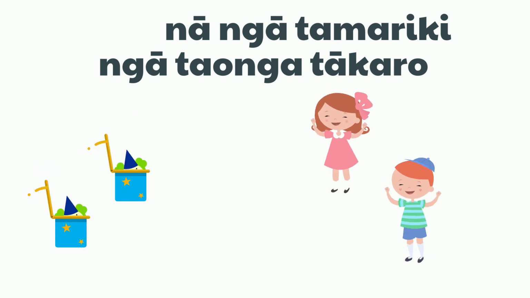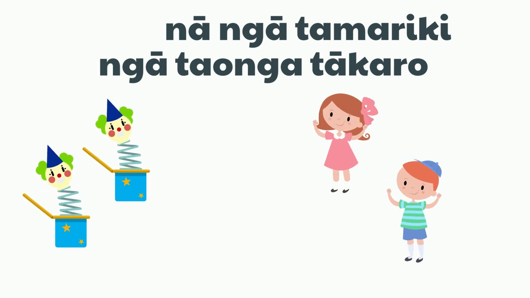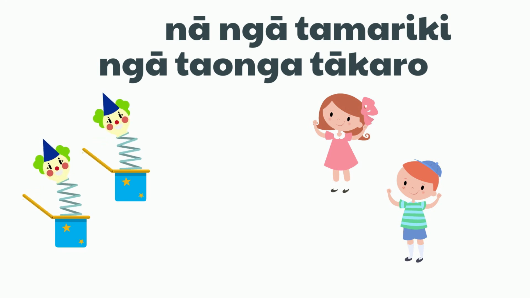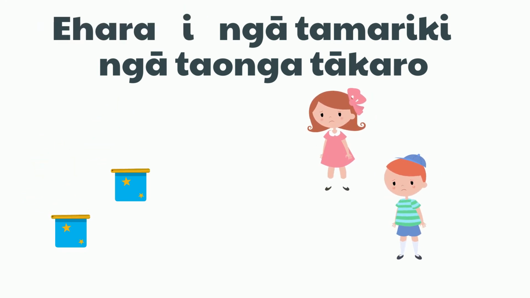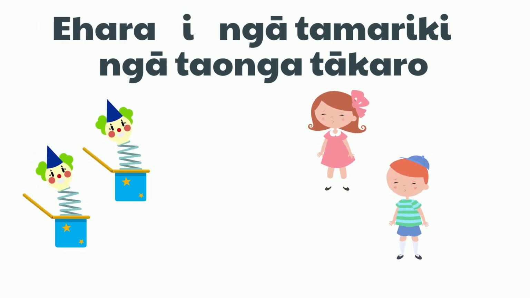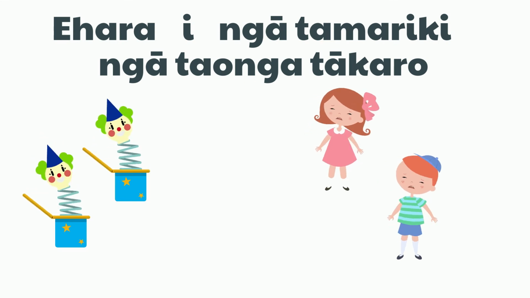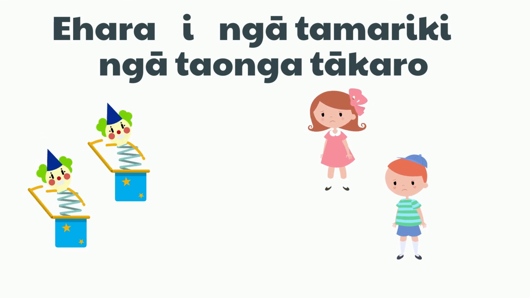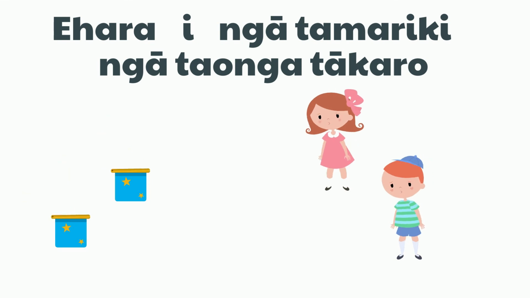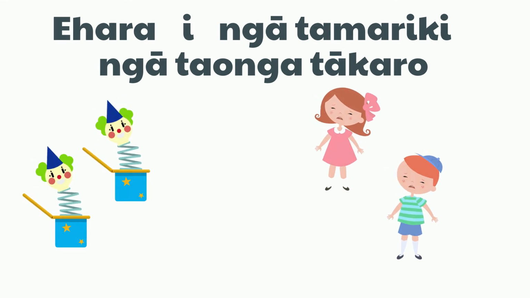The toys belong to the children. Ehara i ngā tamariki ngā taonga tākaro. The toys do not belong to the children. For pronouns and proper names, we also need to add ia before the pronoun or name.